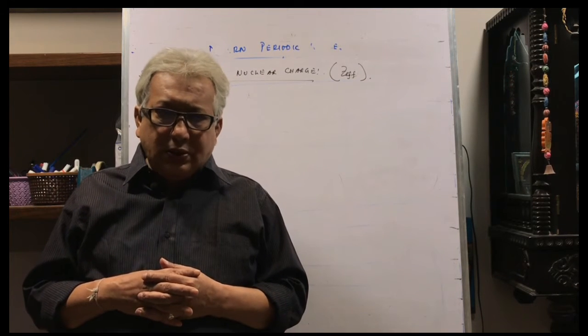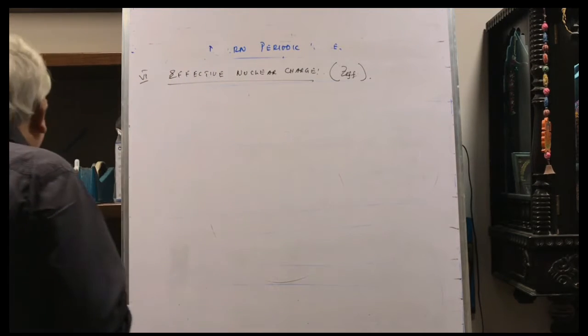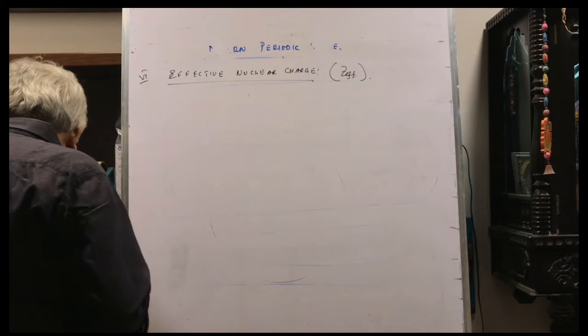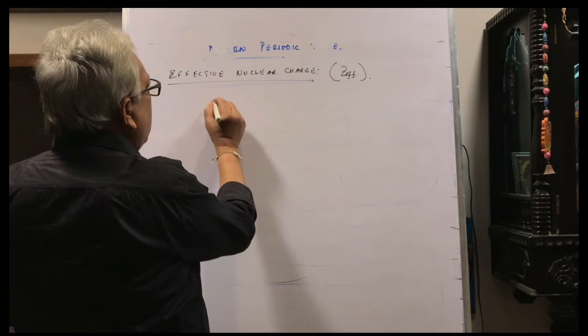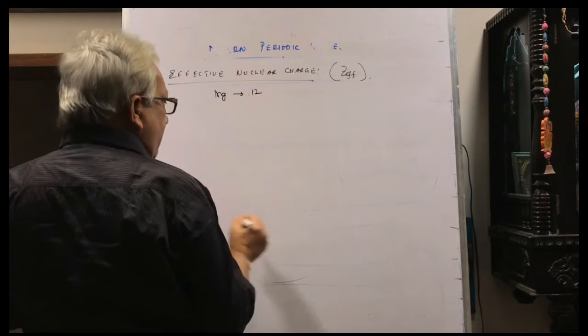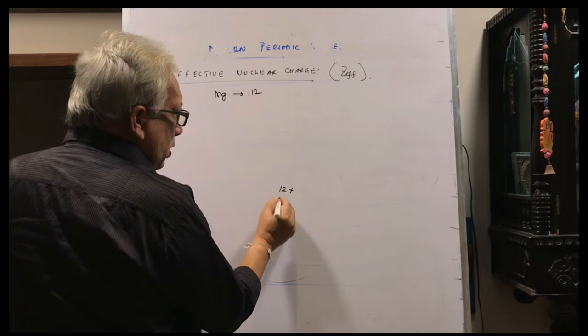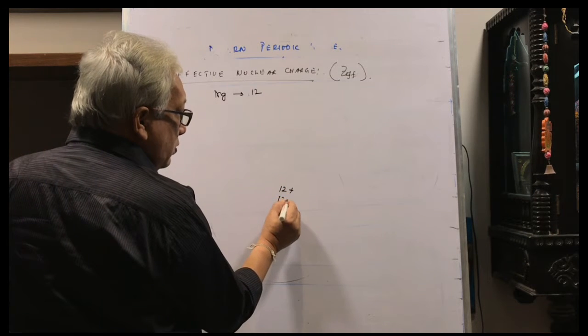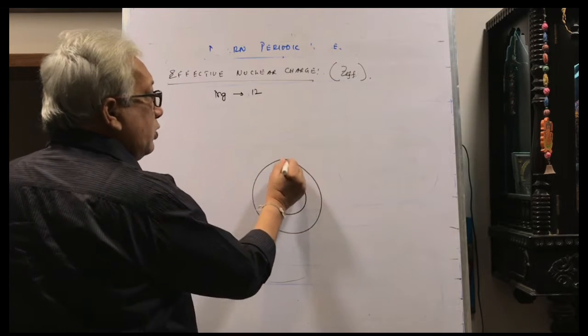The point is this, suppose there is an atom, and let's say I am talking about an atom of magnesium. Magnesium's atomic number is 12. So in the nucleus there are 12 protons and 12 neutrons. In the first shell there are 2 electrons in the S subshell.